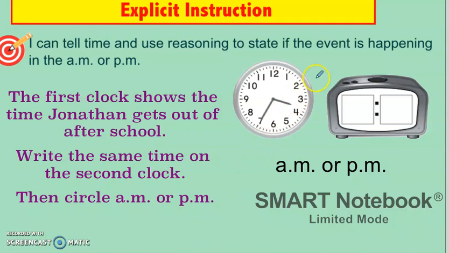Okay, so look at the clock. What time do you think it is? You know what? Let's count together. The 12 is always 0. Then we're going to count from 1 by fives. 5, 10, 15, 20, 25, 30, 35.